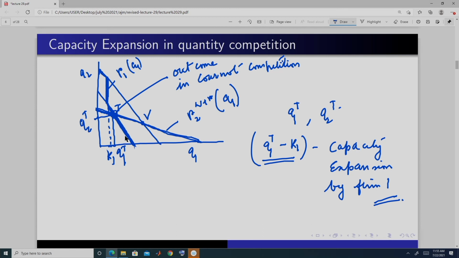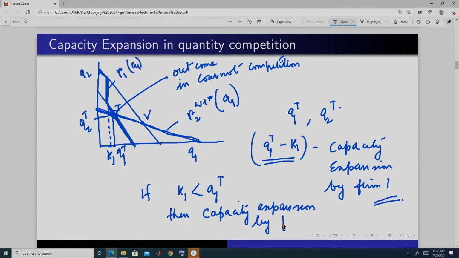So, it will lead to a capacity expansion by firm 1. So, if K1 is less than this output Q1T, then there is capacity expansion by firm 1. This is the outcome in this scenario when the capacity of firm 1 is not sufficient.